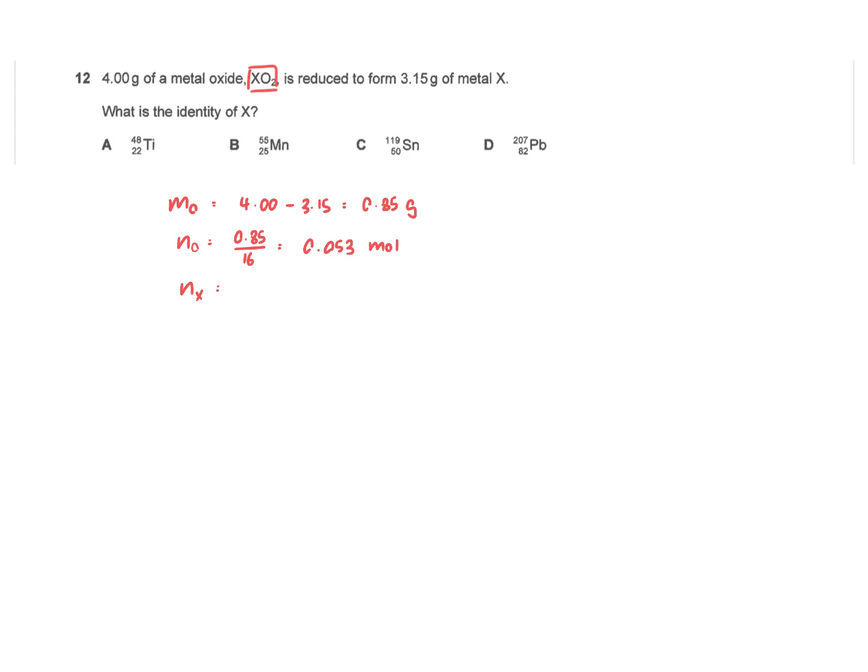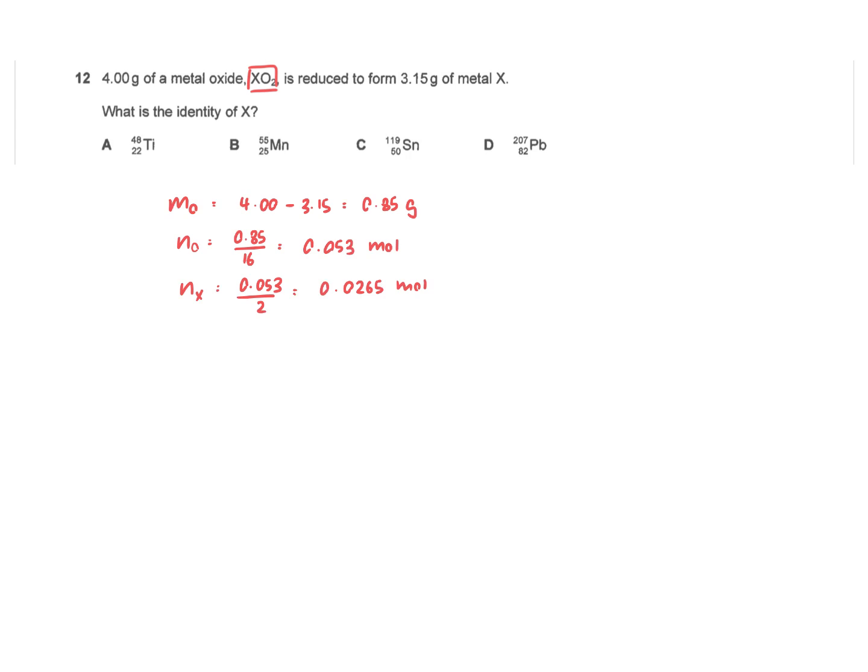I repeat again, since the formula is XO2, for every mole of X, you have 2 moles of oxygen atoms. So given 0.053 moles of oxygen atoms, we can therefore find the number of moles of X by dividing it by 2. That will give us 0.0265 moles.